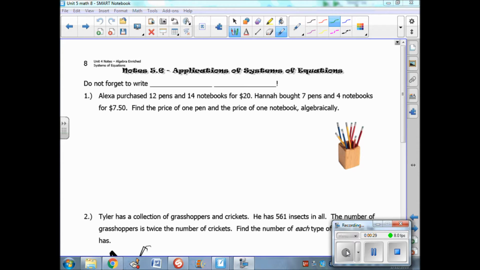So before I get started, I just want to say, what if you bought 6 binders? You went to Staples, you had to get 6 binders, and you paid the cashier $24. How much was each binder?